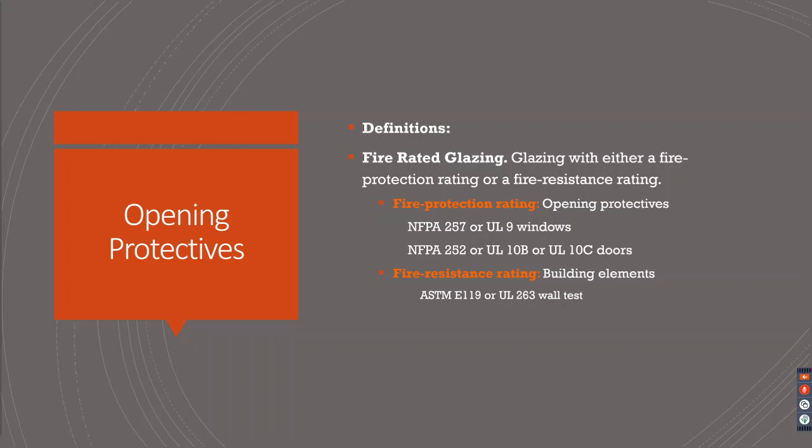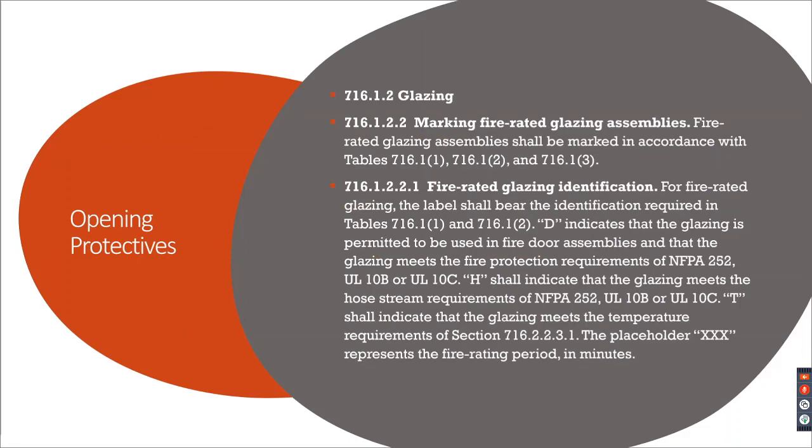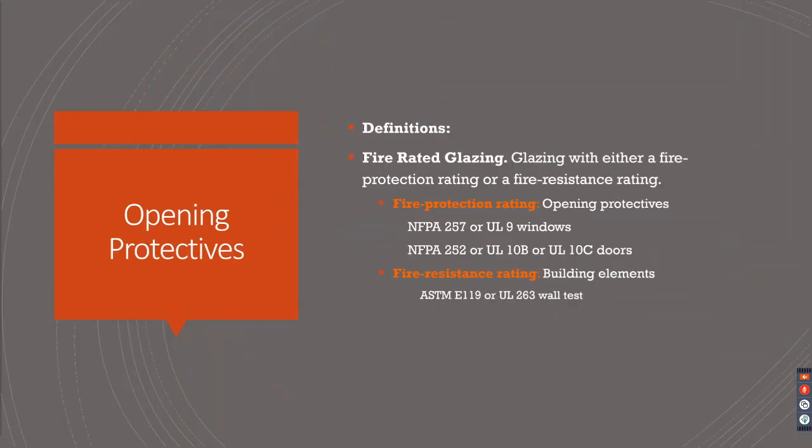It's expensive when it's tested as a wall, but it can help when the owner wants a large area of glazing. So please, this is a really important slide. Keep these in mind. Look at how your glazing is tested, and that will help you with where you can use what.